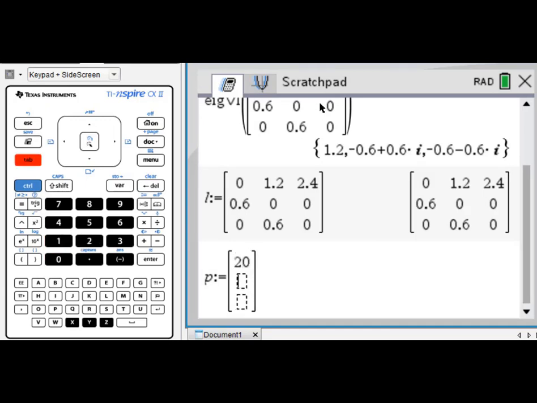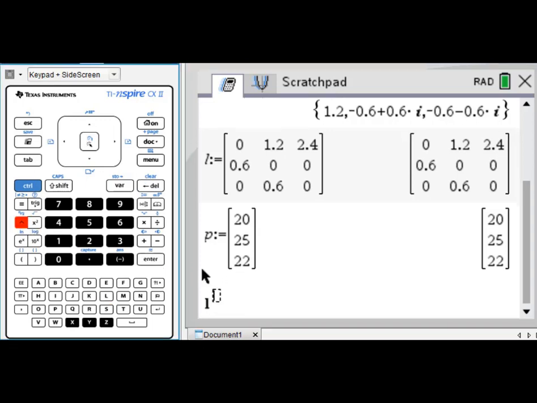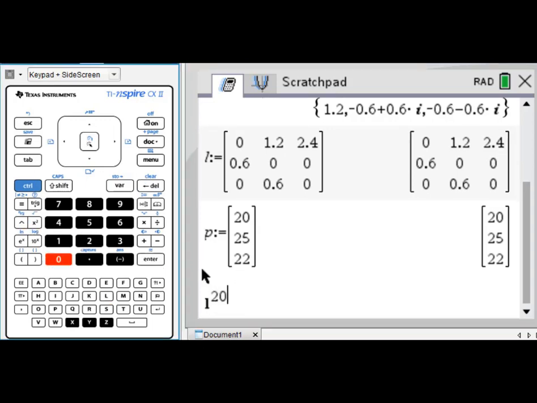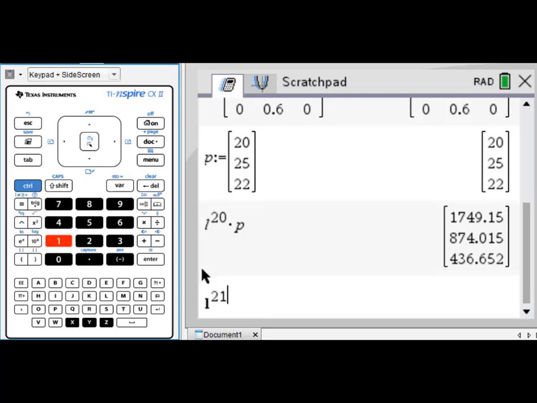Put in my values. And now I can go my Leslie matrix to the power of 20 times my population matrix. And then I can do my Leslie matrix to the power of 21 times my population matrix.